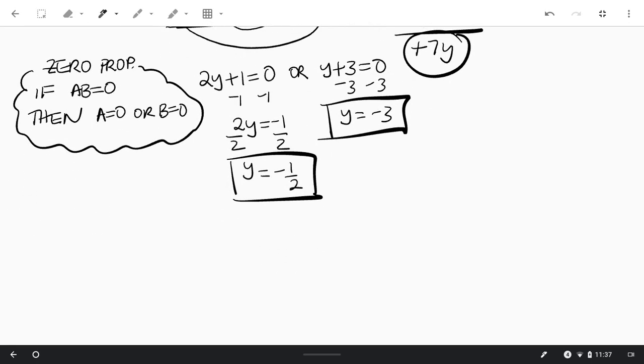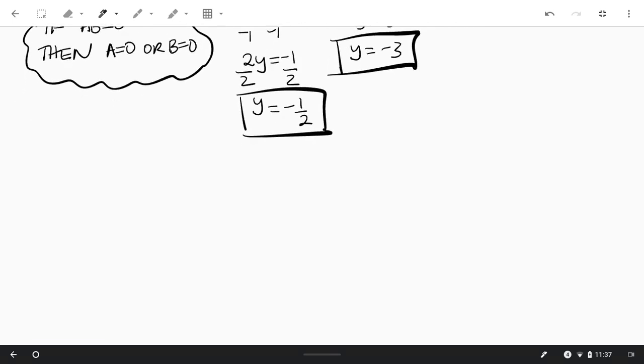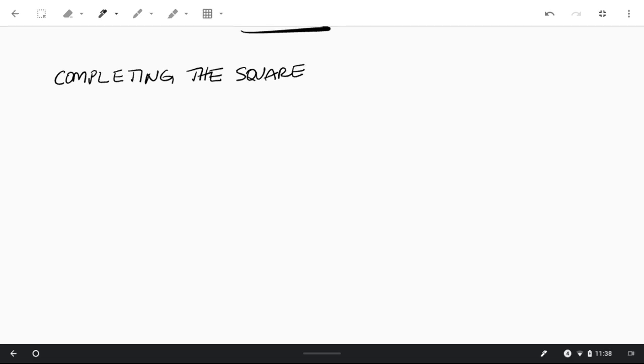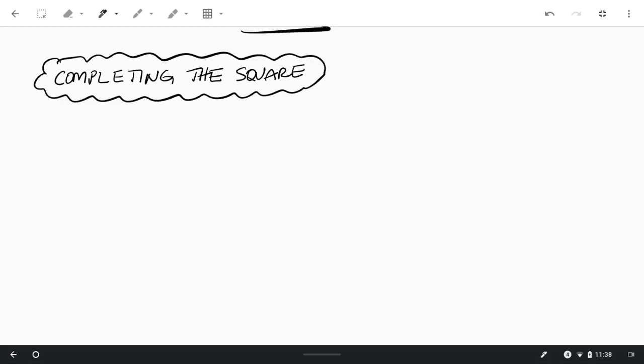So now let's take a look at solving by completing the square. All right, solving by completing the square.